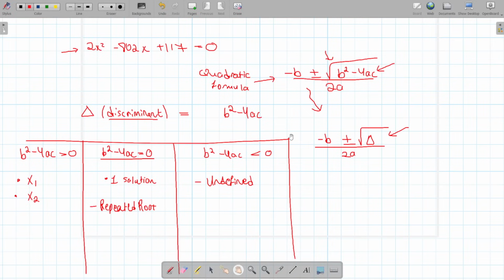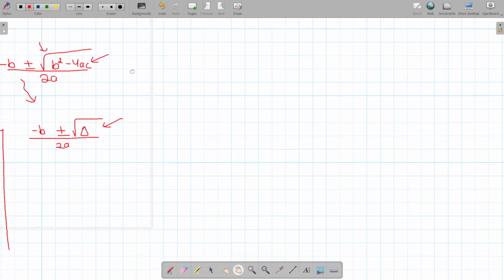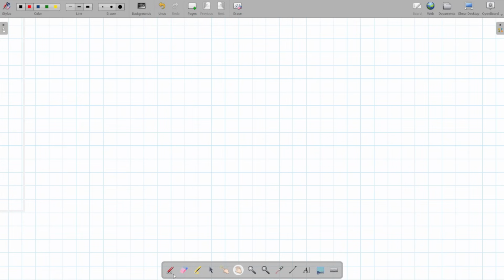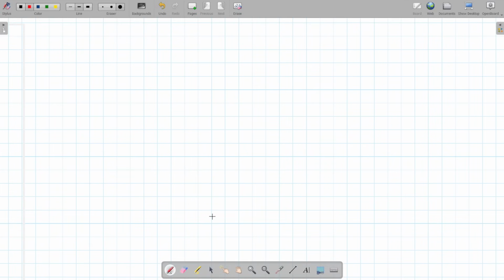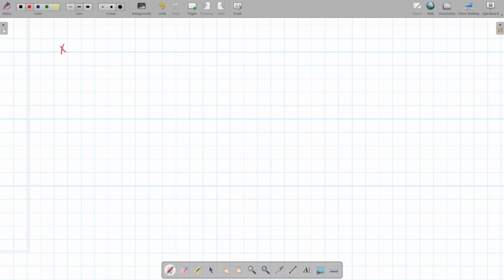Now in our quadratic equation, let's say I gave you the one I gave you at the start: x squared minus 2x minus 6. If you solve this, we get two roots, x1 and x2.